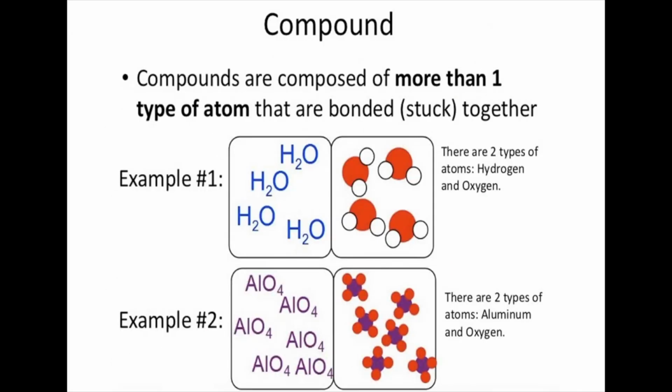They might also give you examples like this. Compounds are composed of more than one type of atom that are bonded, they're stuck, they're joined, they're chemically joined together. So you've got two or more elements that are chemically bonded together. So we've got H2O and we've got aluminium oxide, or a type of aluminium oxide.